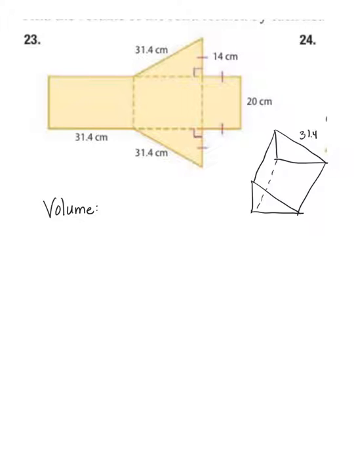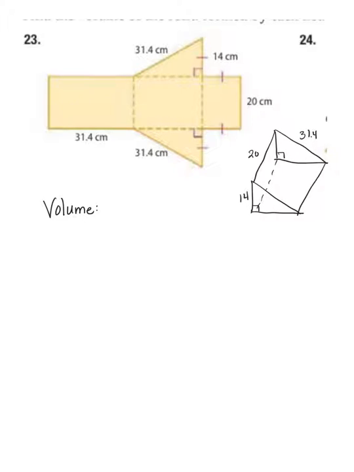That is my hypotenuse. I've got my right angles here. We want to put those in. When I have those right angles, my height then is going to be 20. And the 14 is going to be here.